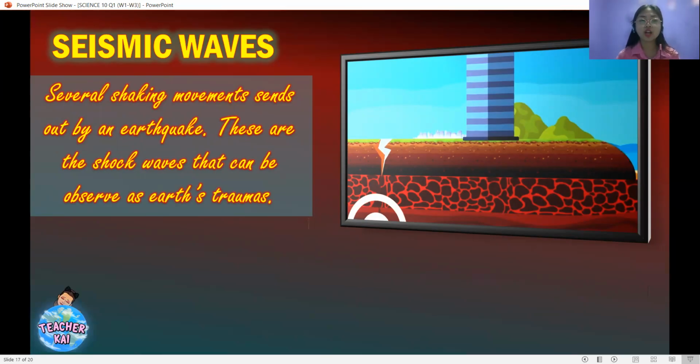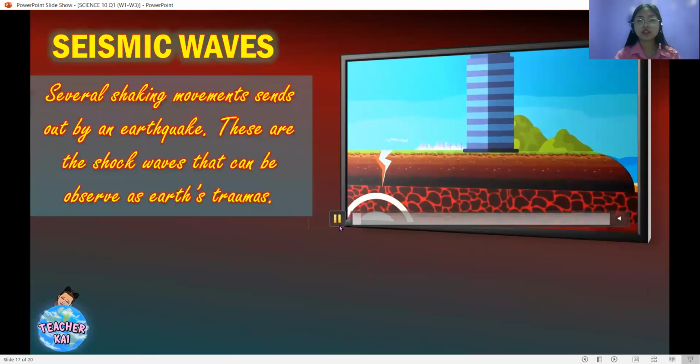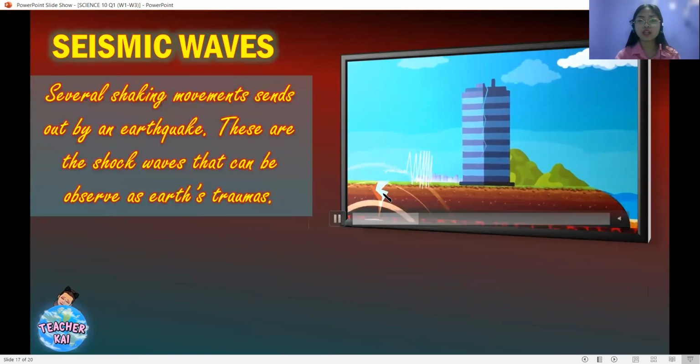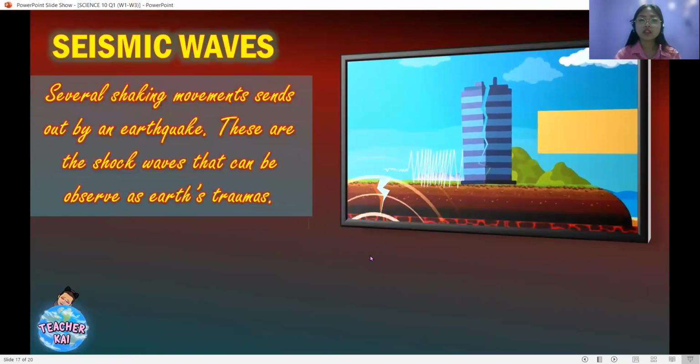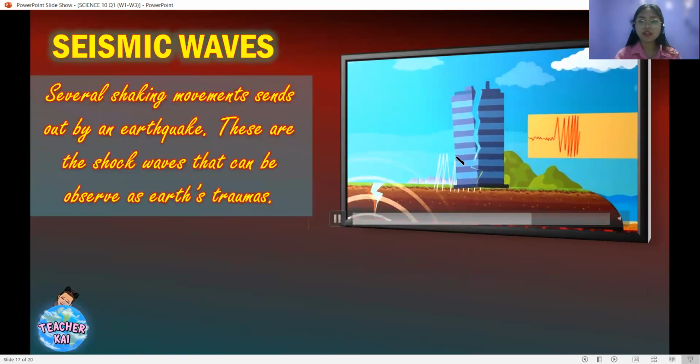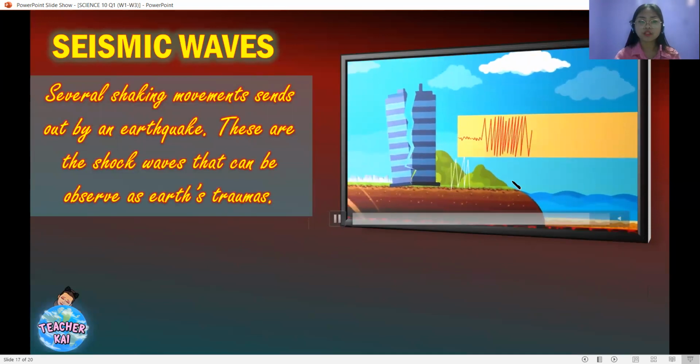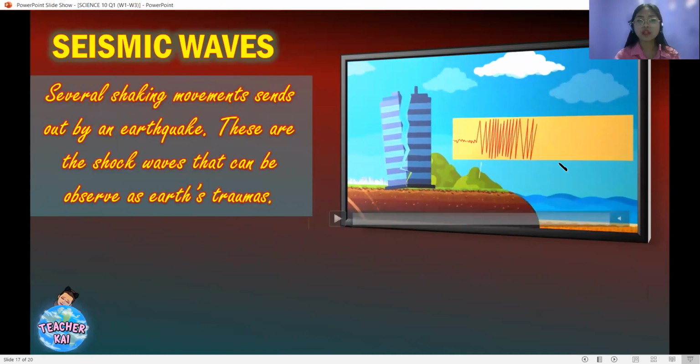These are the shock waves that can be observed as Earth's tremors. As you can see here in the video, the energy released by an earthquake and the shaking, the shock waves that can be observed and caused by an earthquake on the earth like this.